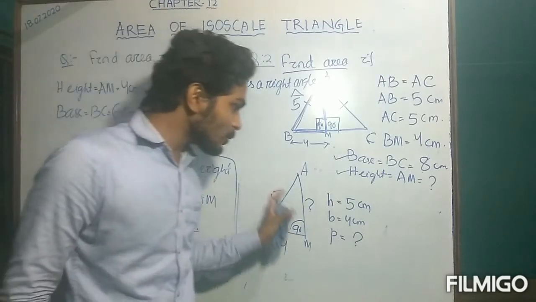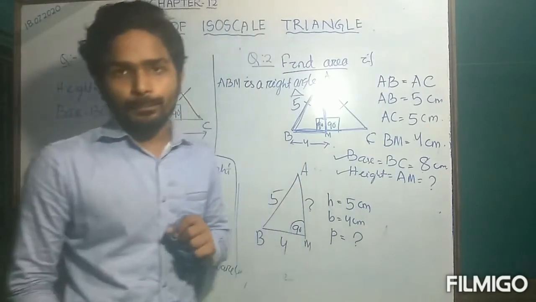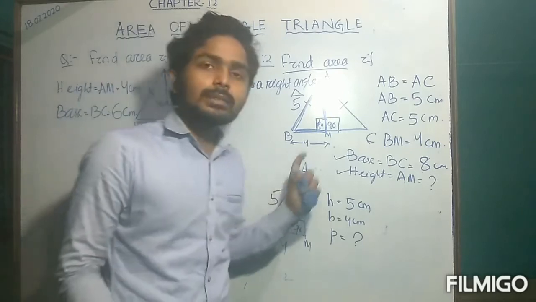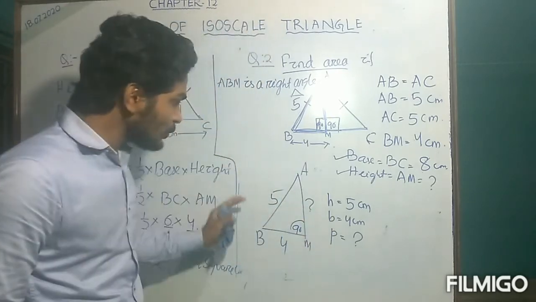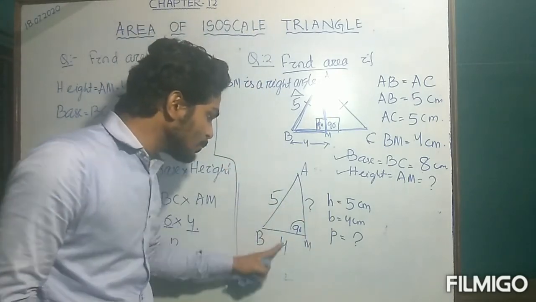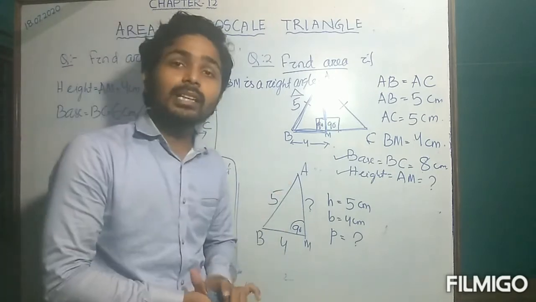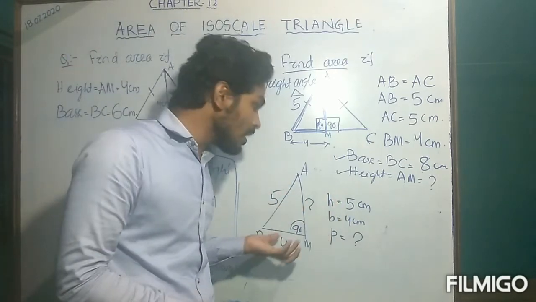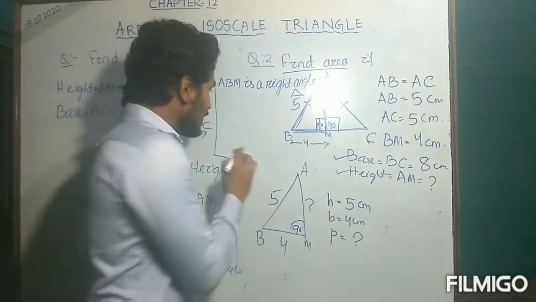As you know, according to the Pythagoras theorem, I have already told you in chapter 1, if any two sides of a right angle triangle are given, then the third side can be calculated by using the formula. What is that formula?